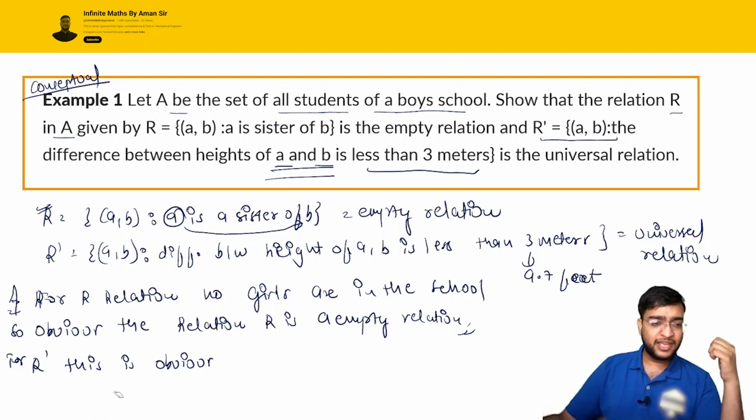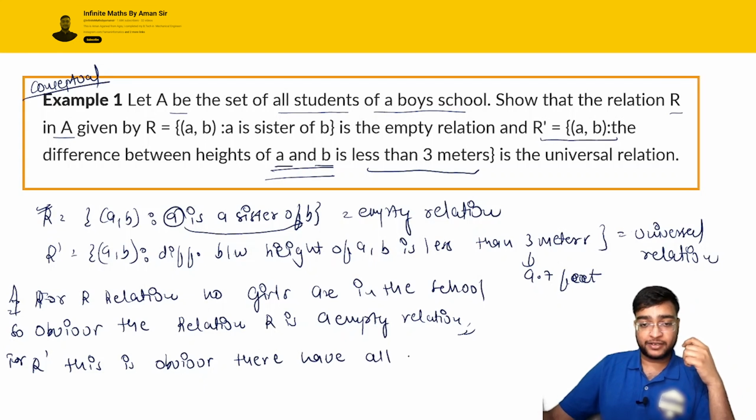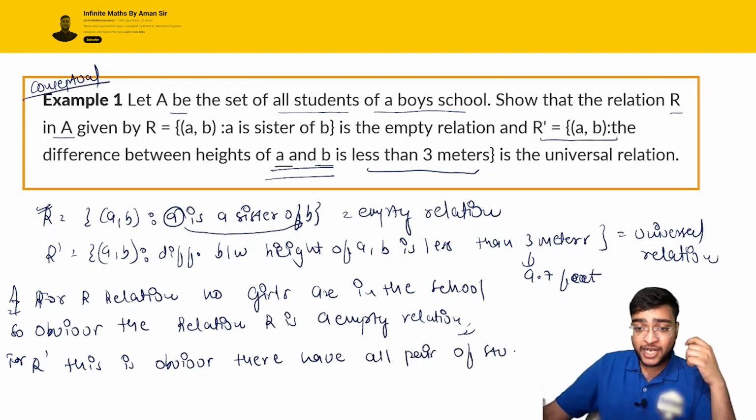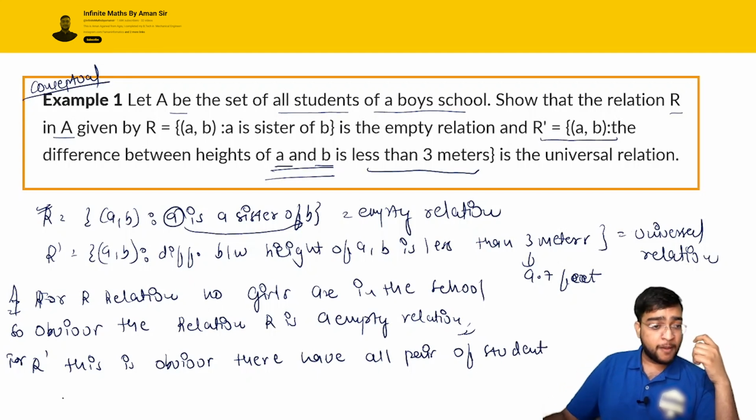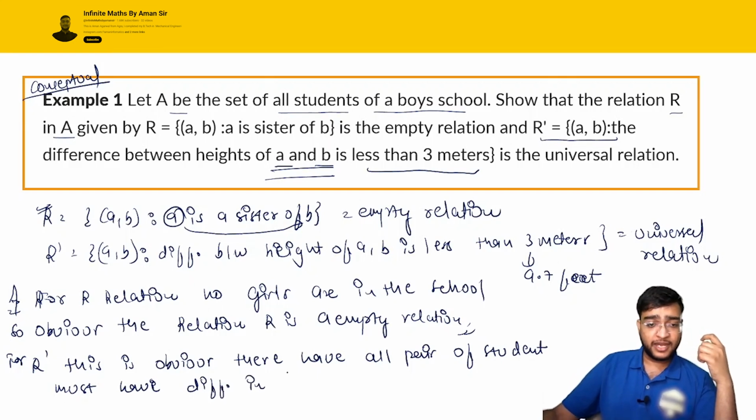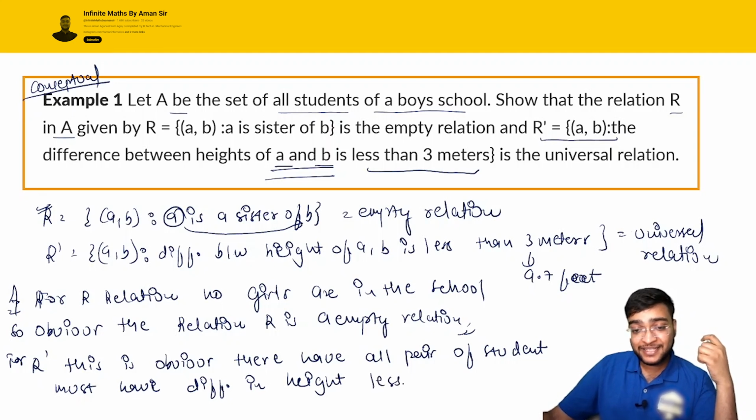You can just say this is obvious: all pairs of students must have a difference in height less than 3 meters here.